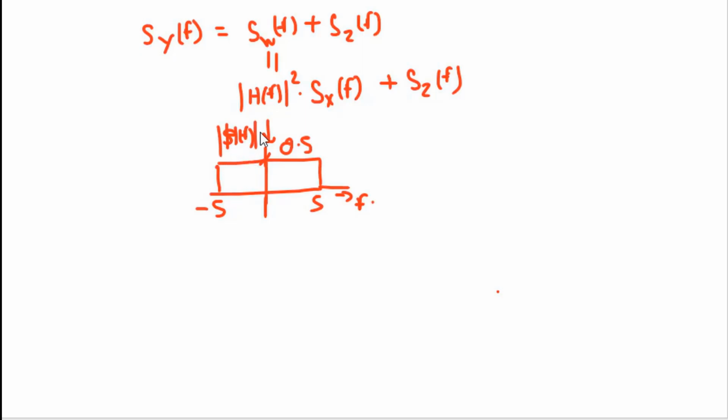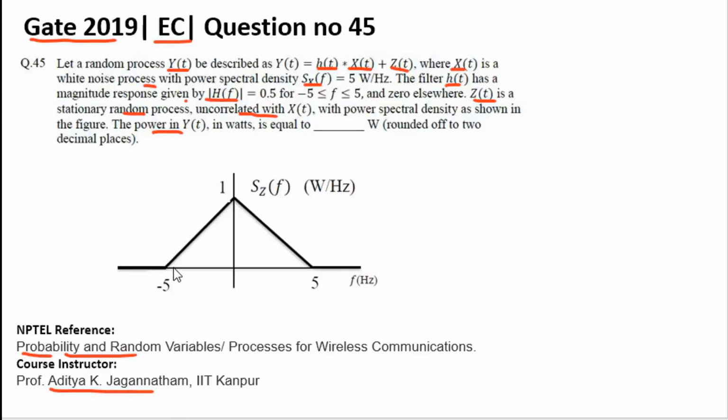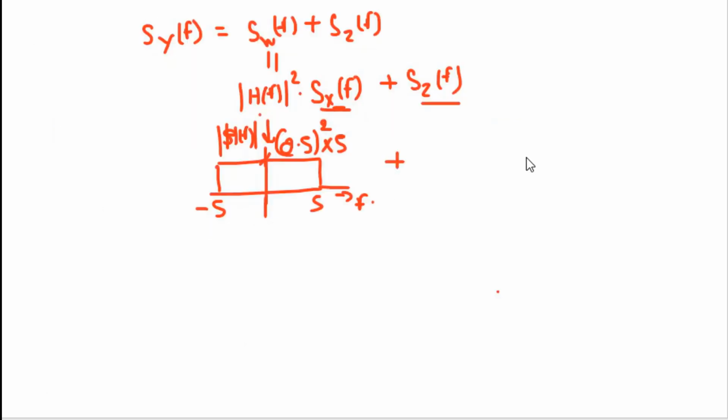S x of f will be multiplied by 0.5 squared, because magnitude of H of f squared is 0.5 squared, into 5, plus this S z of f as given in the question, which is from -5 to 5 with magnitude 1.